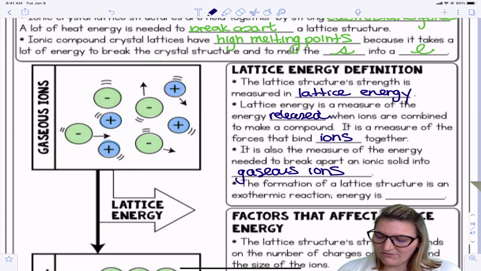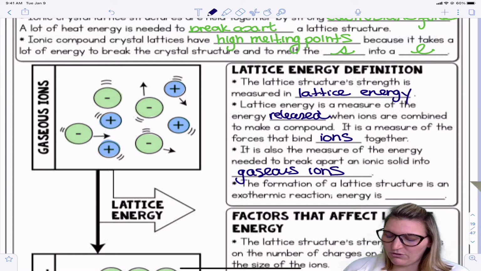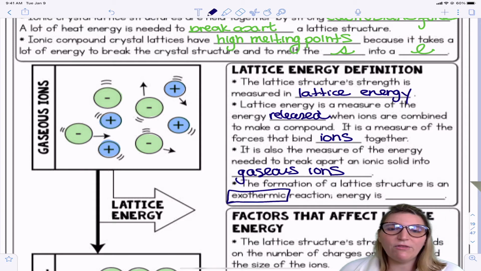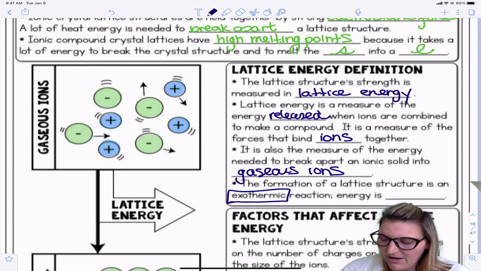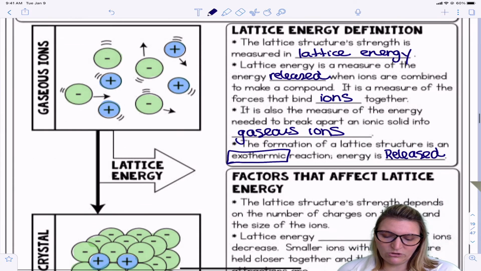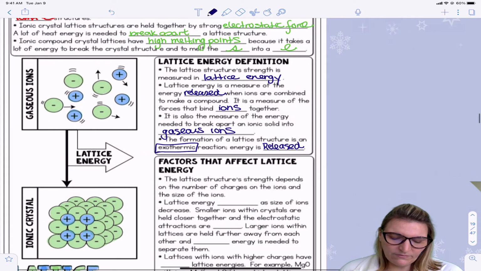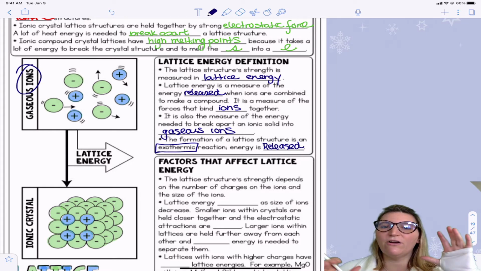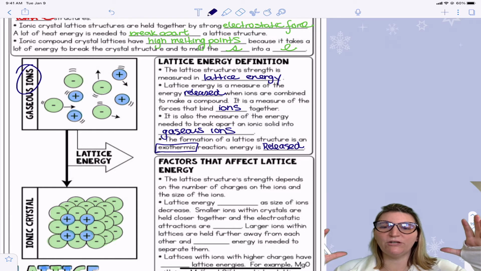And the formation of a lattice structure is an exothermic reaction. This word, exothermic, we're going to use all the time, exothermic and endothermic. Anytime you have an exothermic reaction, energy is released. If you look at this picture, you can see that the gaseous ions are floating around, and then they are super attracted to each other.